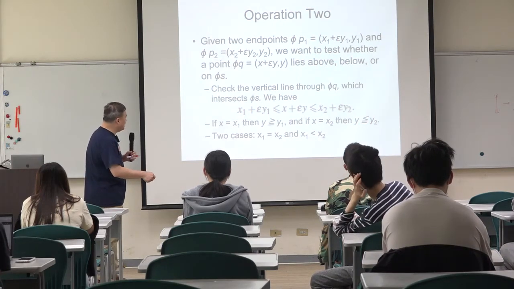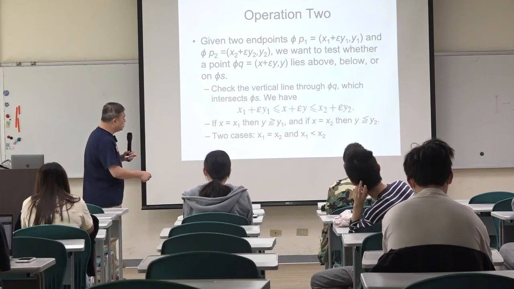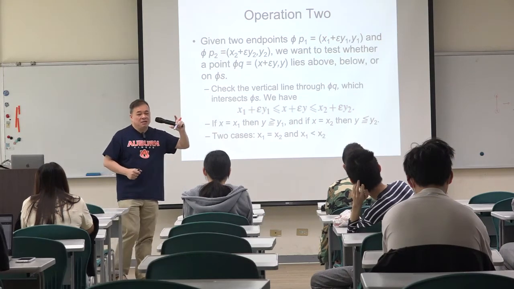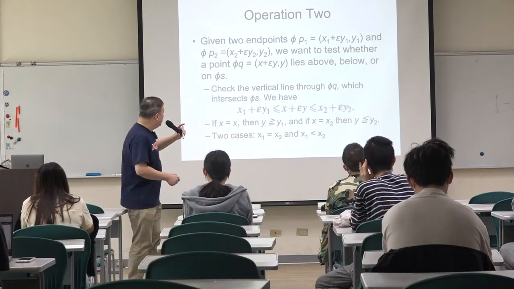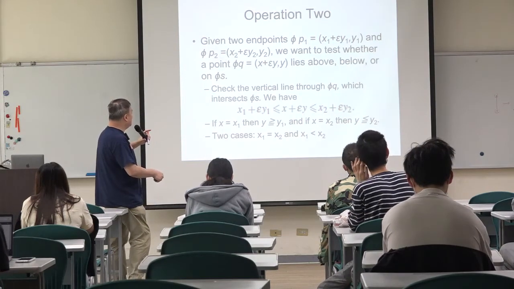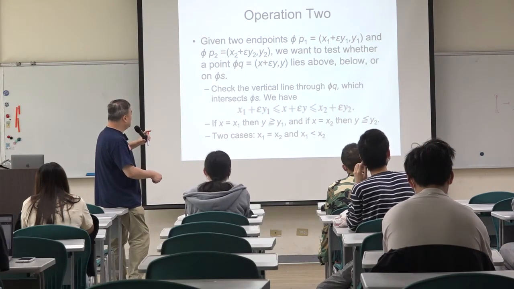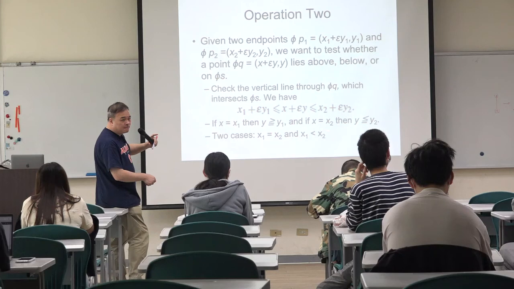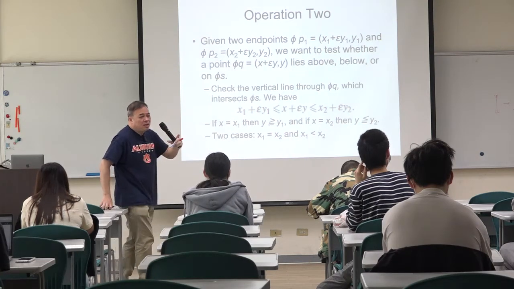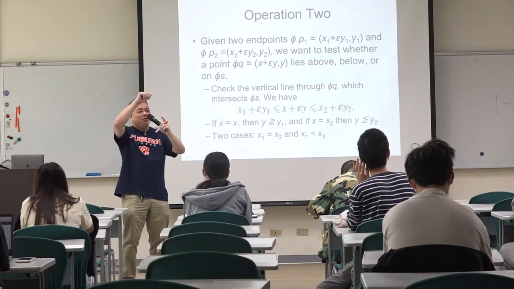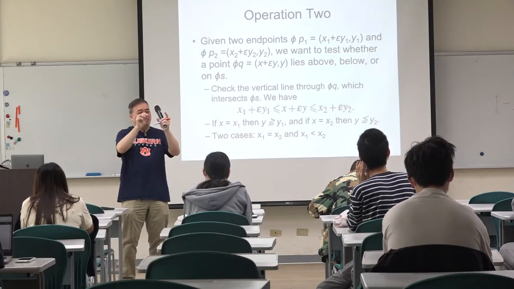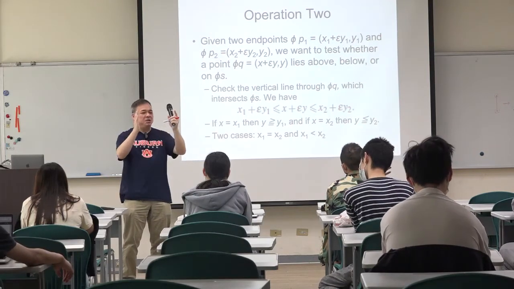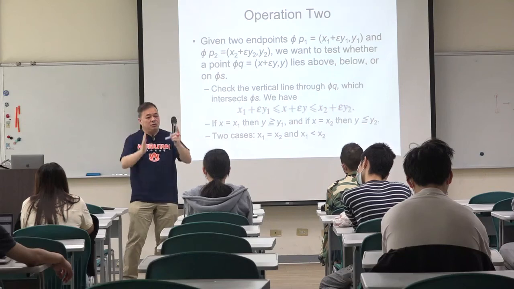From here, we can break it into two cases. If x1 equals x2, this segment is a vertical segment. In that case, the point must be on this line segment, because when we need to see if a point is above or below, it must fall into this x range.